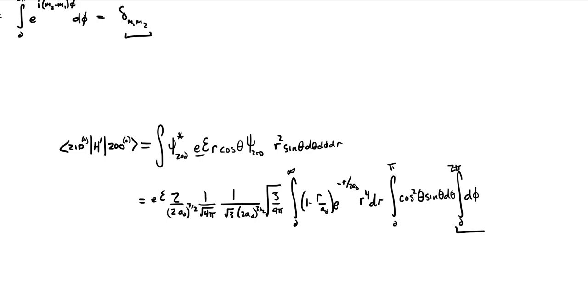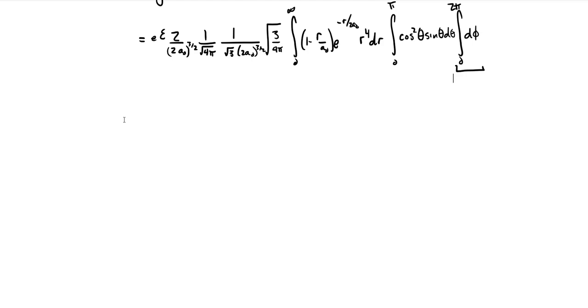The phi integral is easy, it just gives us 2 pi. If we then do the theta integral, we have the integral from 0 to pi of cosine squared theta sine theta d theta.